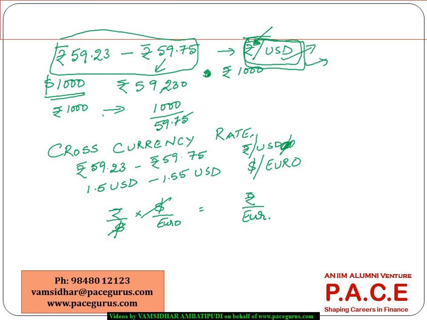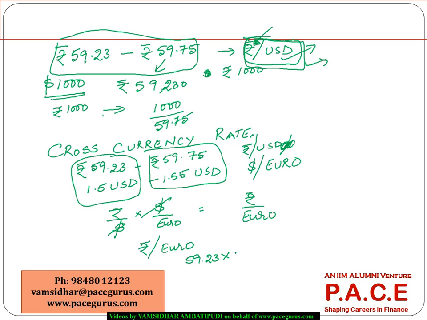So whenever I have such cross currency scenarios, if I want rupee to euro, both in rupee per euro, I can take both in the bid form as well as the ask form. So rupee to euro, as far as the bid is concerned, it is 59.23 into 1.5, and as far as ask is concerned, it is 59.75 multiplied by 1.55.